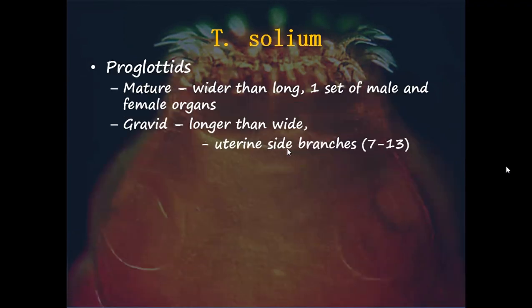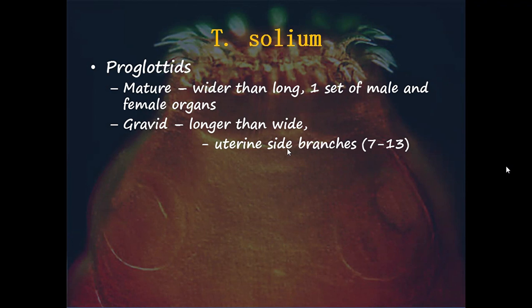The proglottids, when mature, are wider than long, so similar to latum, and will contain one set of female and male organs. Okay, this time, the gravid segments are longer than they are wide.